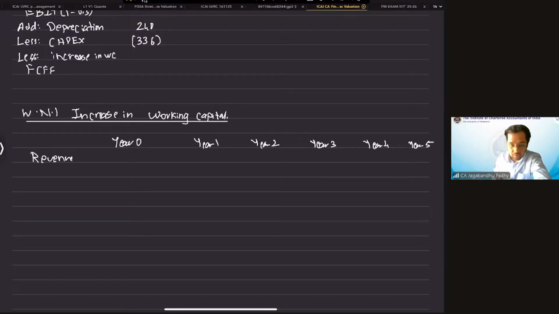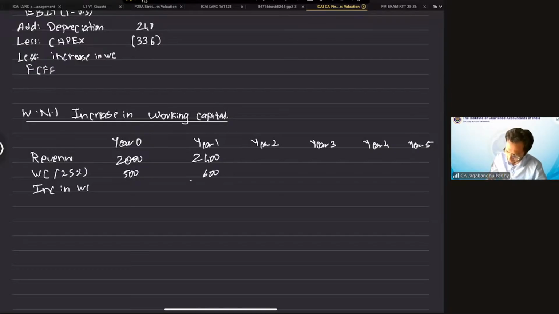Revenue is 2000, and working capital is going to be 25% of this, so 500 in year 0. In year 1 revenue is 2400, so working capital is 600. The increase in working capital is 100.